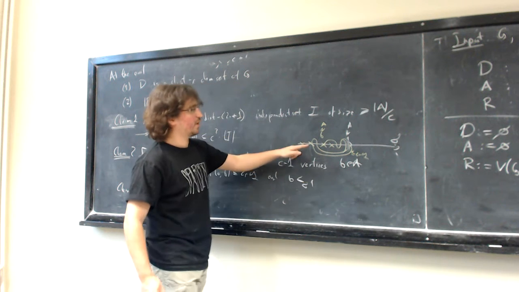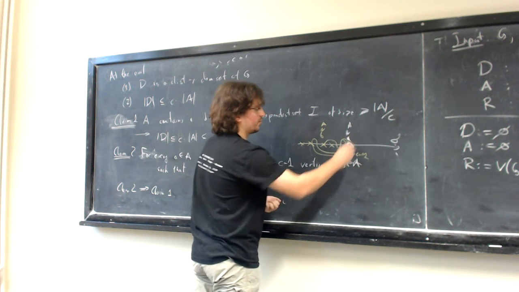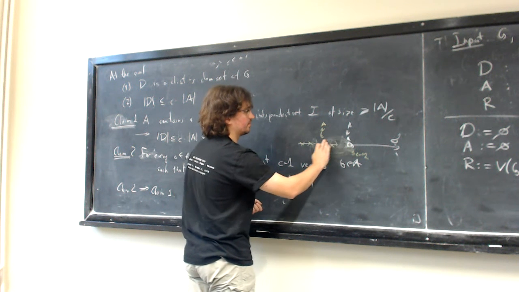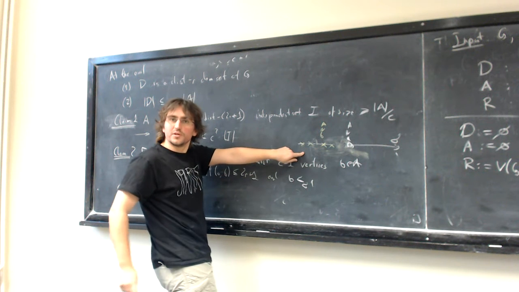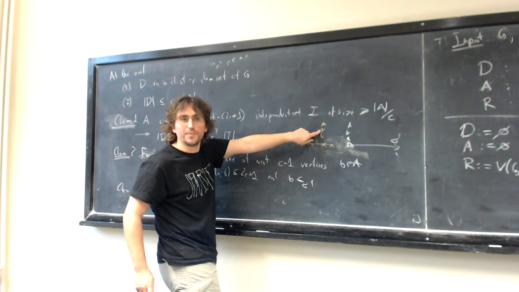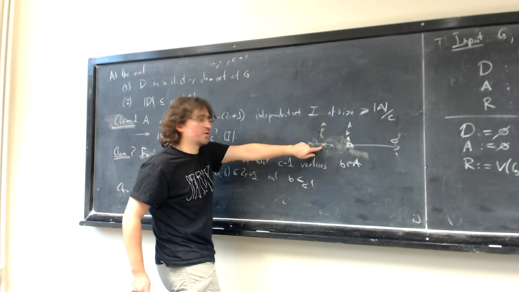Every time I take another vertex A from A, I look at all the vertices from A that were colored before and are at distance at most 2R plus 1, and I give it a color different from the colors of all of those.